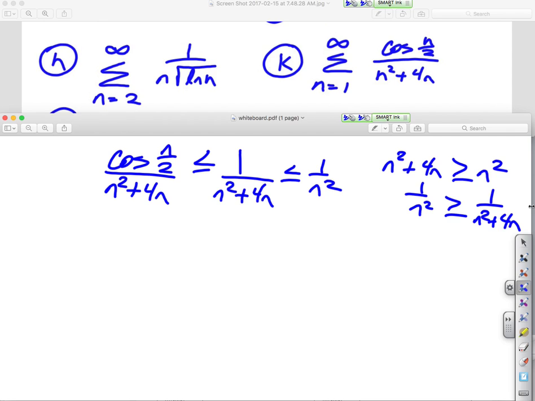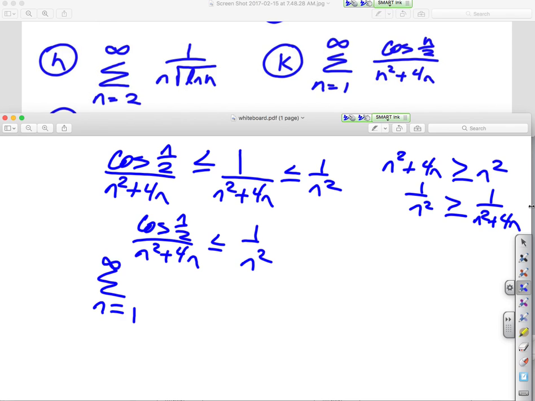Which means I can make that statement, and this statement tells me that I have that. So now I can compare, and I know this one converges because of why? P series. Which means the original converges because of the comparison test. I like that. That was fun.